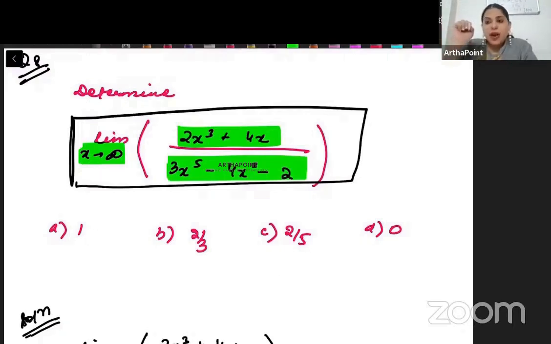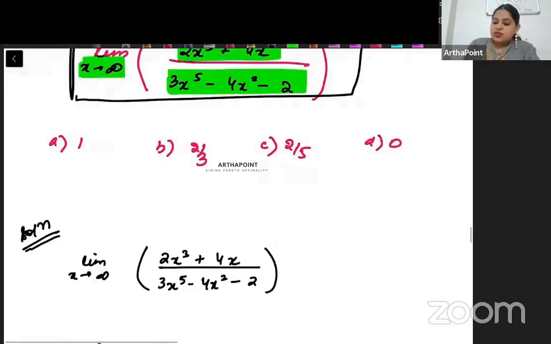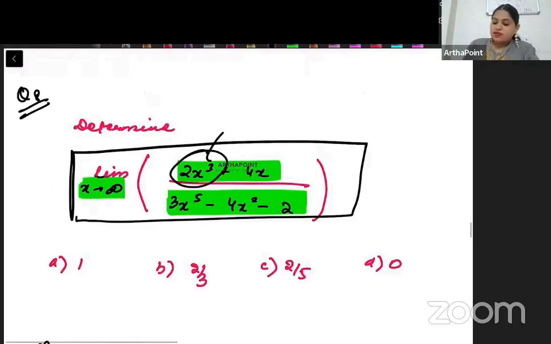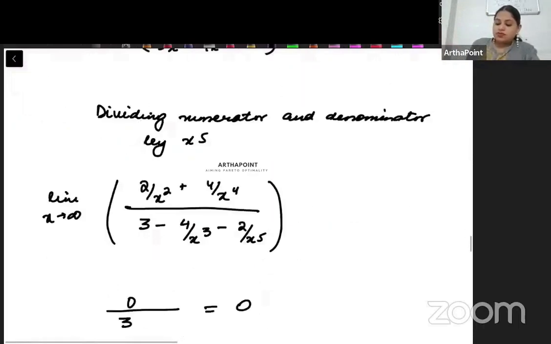When you do that, if I divide this by x to the power 5, this will be 2 by x square. If I divide this by x to the power 5, this will be 4 by x to the power 4, and so on. So when you keep dividing by x to the power 5, you will get numerator and denominator in this format.